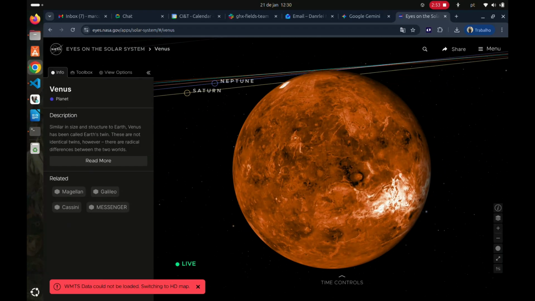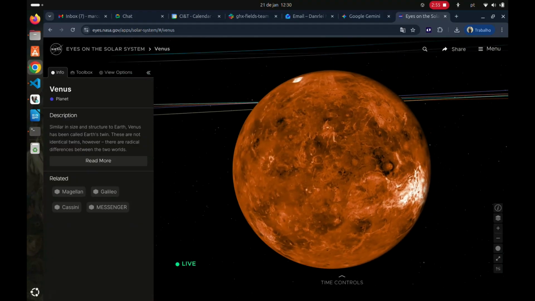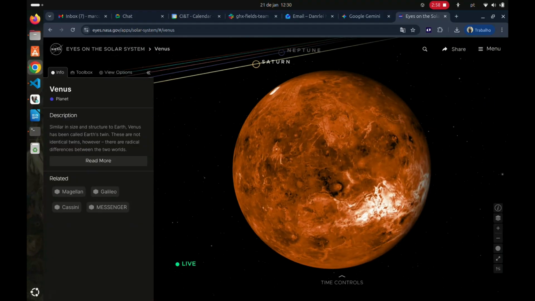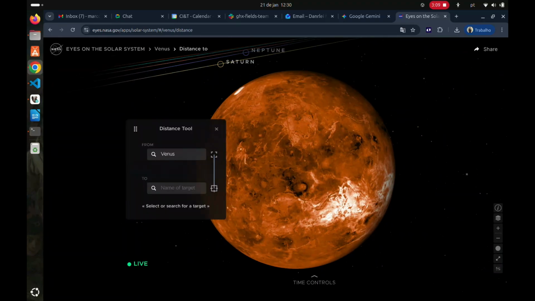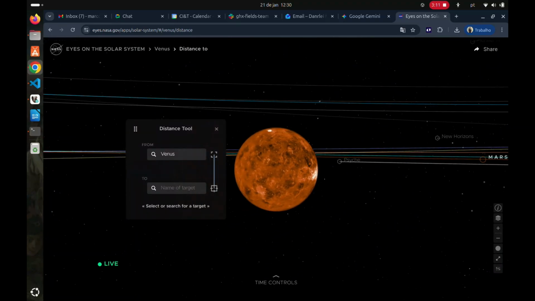However, before it, we just need this. This is the true target, Saturn. So imagine the spacecraft here falling to this atmosphere. What is the distance? Let's calculate the distance to Saturn.